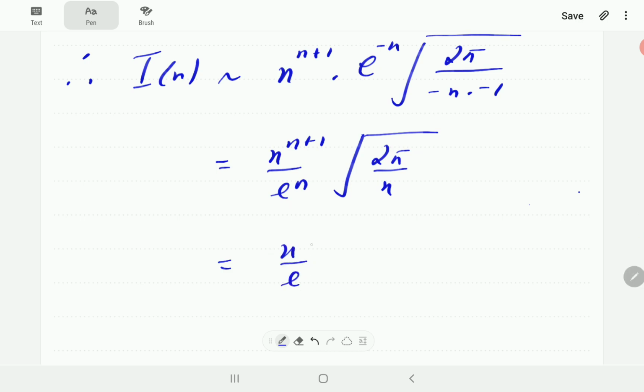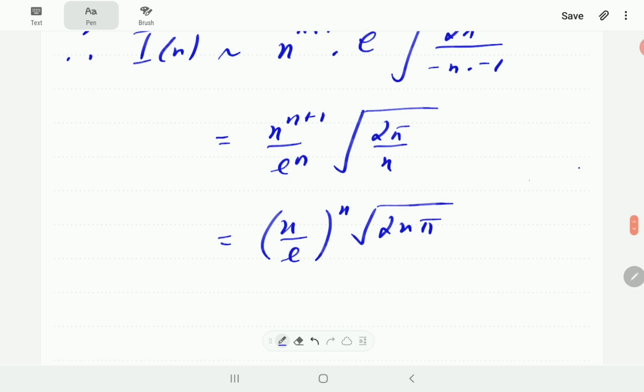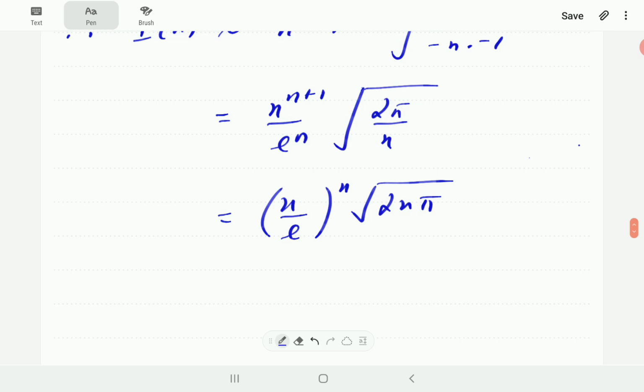N over e to the power n, and if we absorb the n into the square root, then the square root is going to be 2 n pi, and so that is going to be our Stirling's formula, which is your approximation for n factorial for large n.